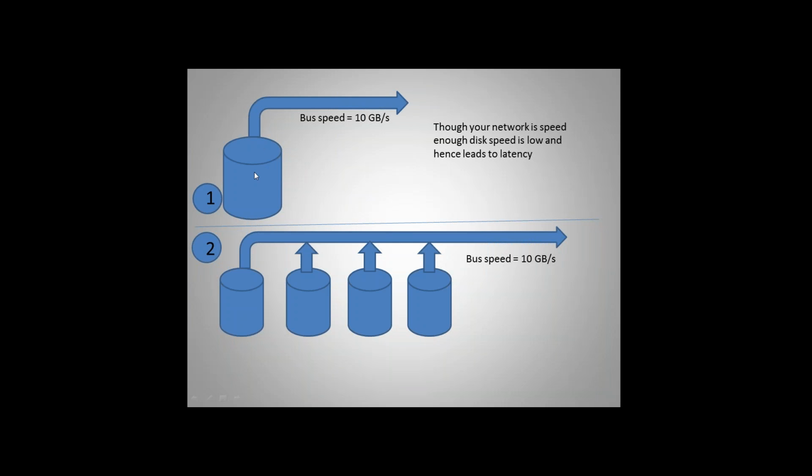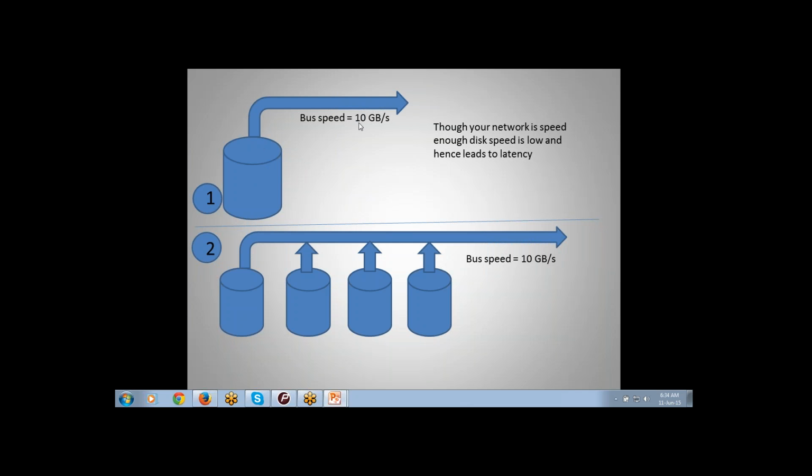In order to retrieve 100 GB of data set at a speed of 10 GB per second, obviously I'll consume 10 seconds to retrieve 100 GB of data back from a disk at the speed of 10 GB per second.